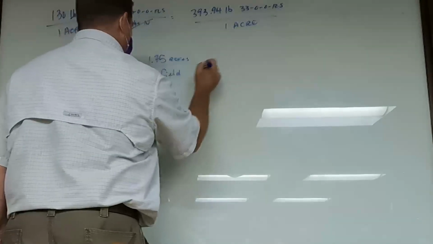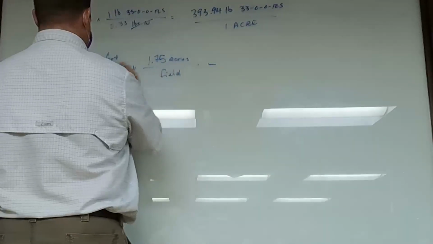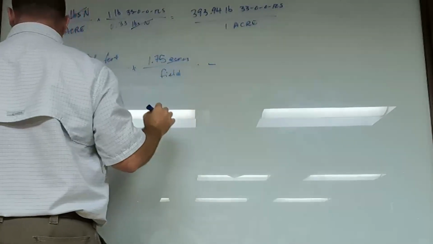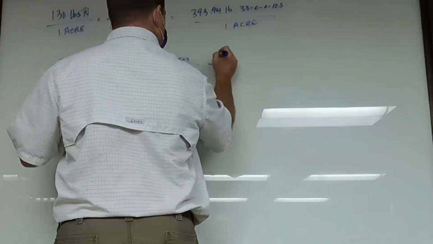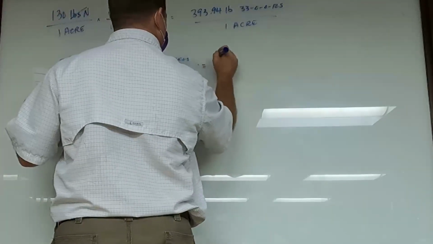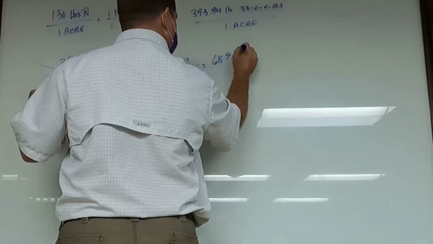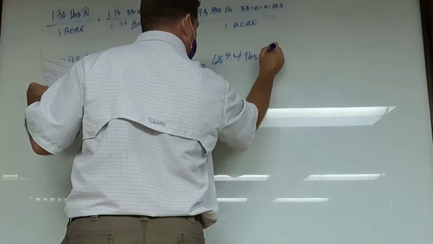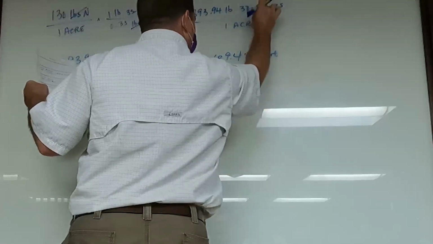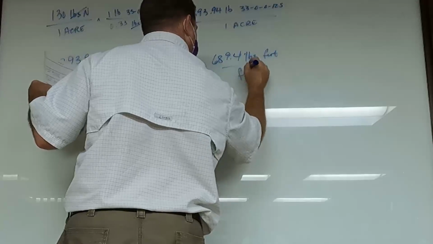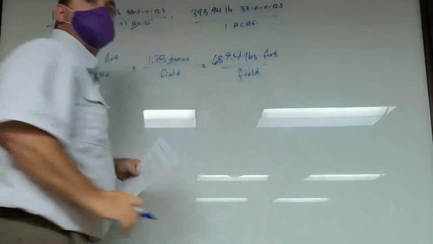When we do that math, acres cancel, and we have 689.4 pounds of fertilizer per field.